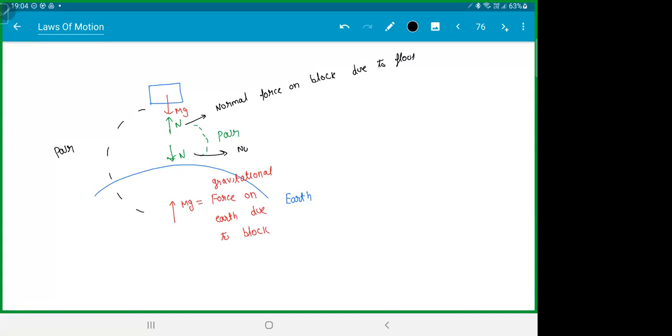This is the normal force on the floor due to the block. See, they're acting on two different bodies, along the same line, equal in magnitude, at the same time, same nature. All six conditions are satisfied. Floor due to block. Be careful, simple mains-level question.